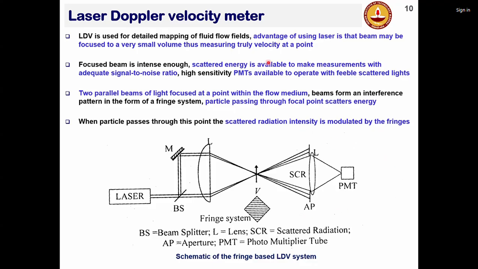So you basically use a laser. The advantage of using a laser is that you can focus the beams to a very small volume, thereby measuring the velocity truly at a point. And this laser beam, focused at a point, would have a very strong energy level.